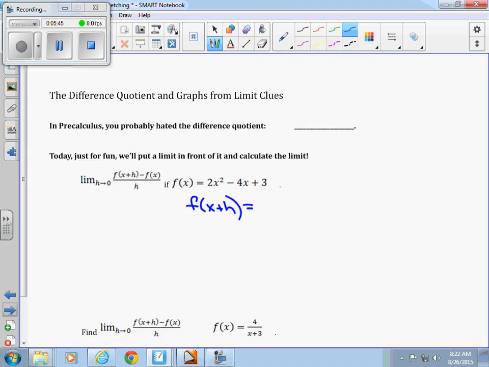How do you find f of sine of x? So how do you find f of x plus h? You put x plus h where you see the x. Right? That's easy. So that's how you find f of x plus h.